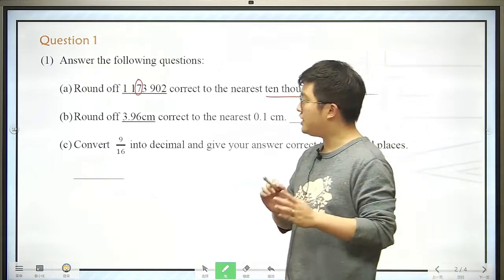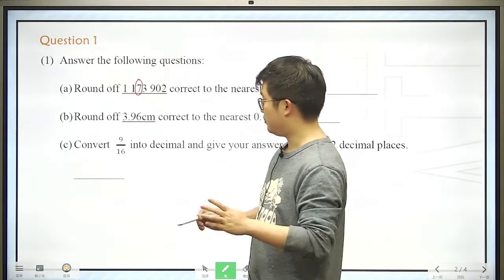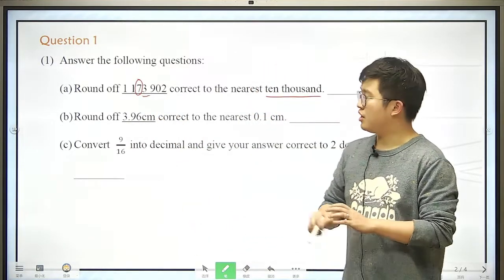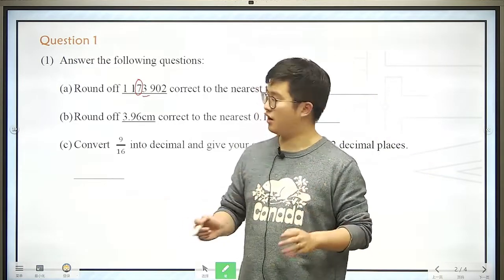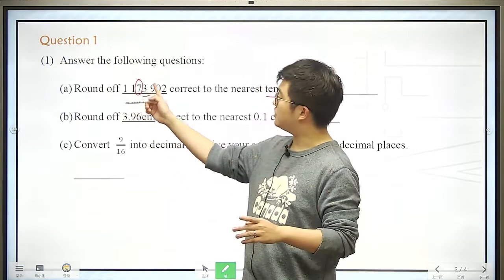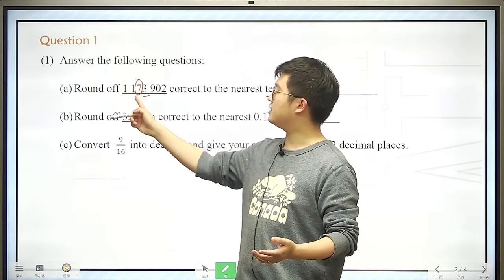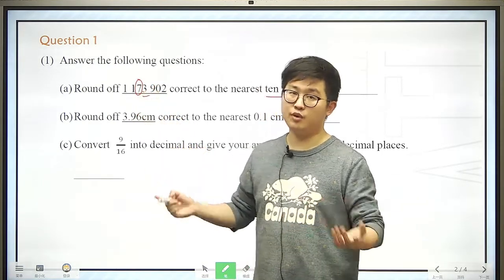And now we need to look at the number right next to it, which is 3. So here we get a 3, which means we don't need to add 1 to the 7, right? Because if it's something like 5, 6 or 7, we need to add 1 to this 7. But it's 3, so we don't need to do it.